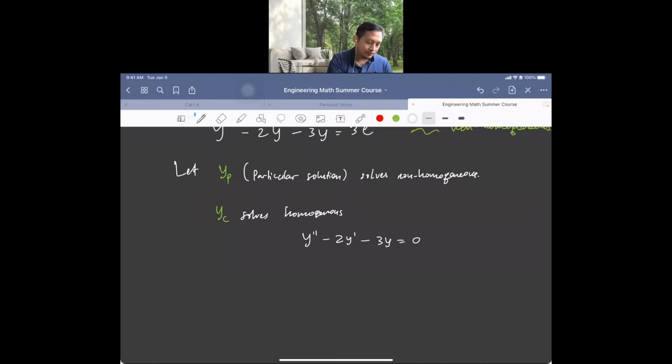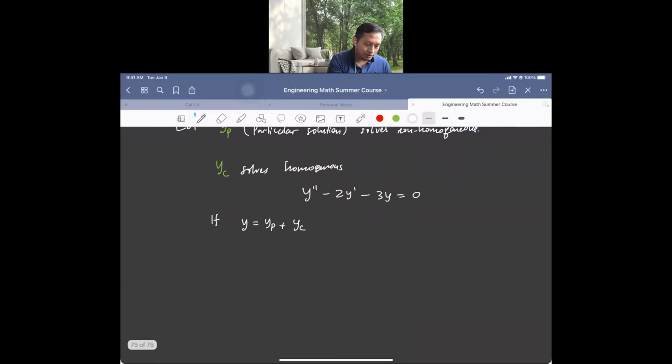Now, if we check the solutions, if the solution includes yp plus yc, I think we have also seen this in a previous one, but let me just write this to make sure that we understand our concept.